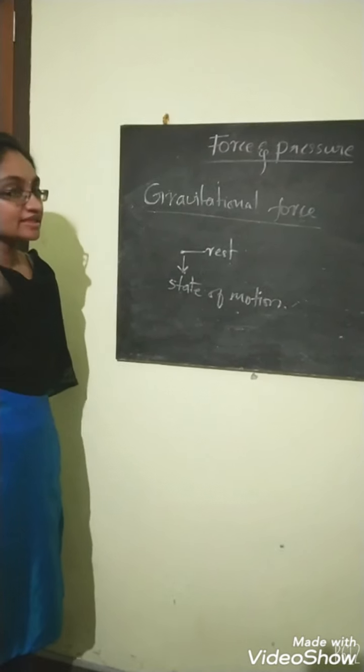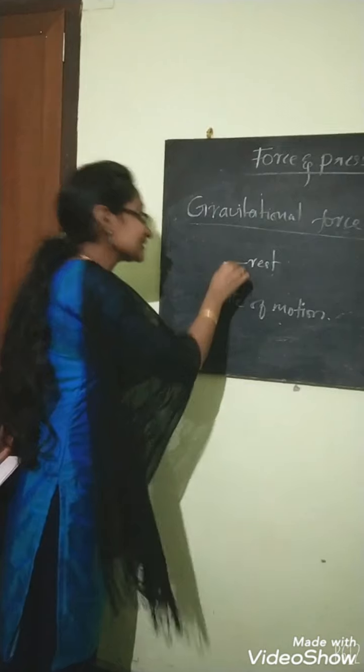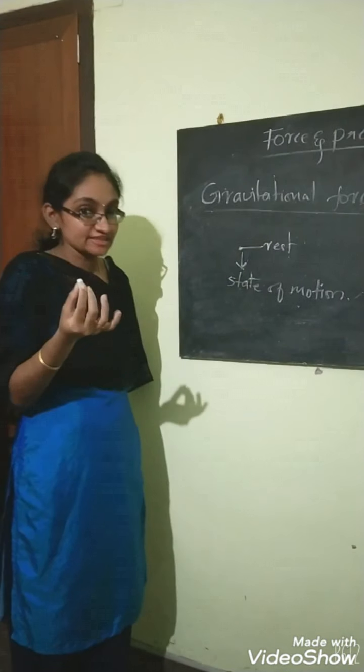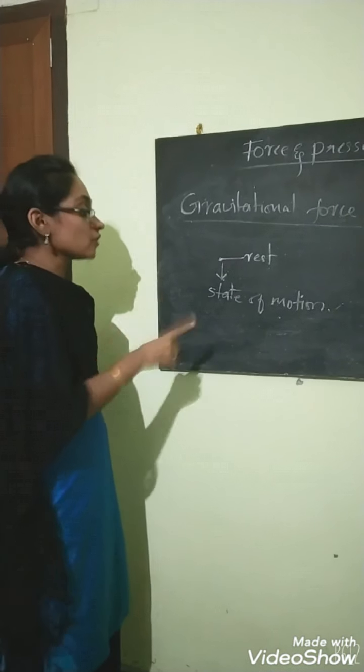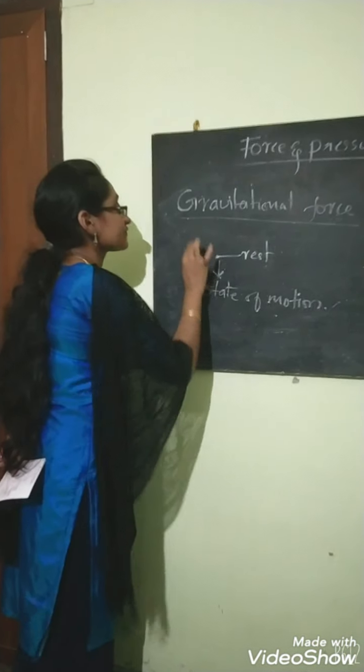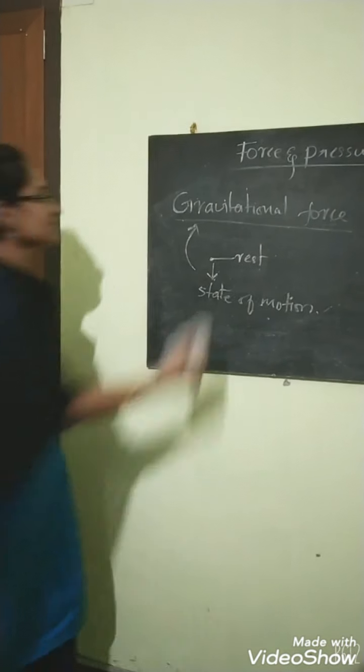So in the last classes we said that for changing the state of an object we have to give a certain force. Here the force acting is called gravitational force. How can we define gravitational force?